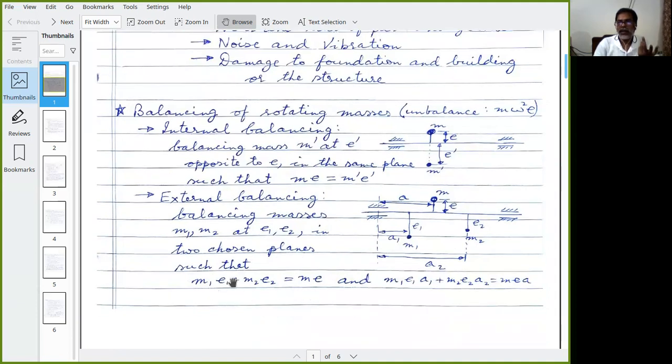See, omega square is the same for everybody, as long as we are mounted on this shaft. So, if M1 E1 plus M2 E2 together balance M E, then unbalanced force will be zero. These two forces will balance this force.